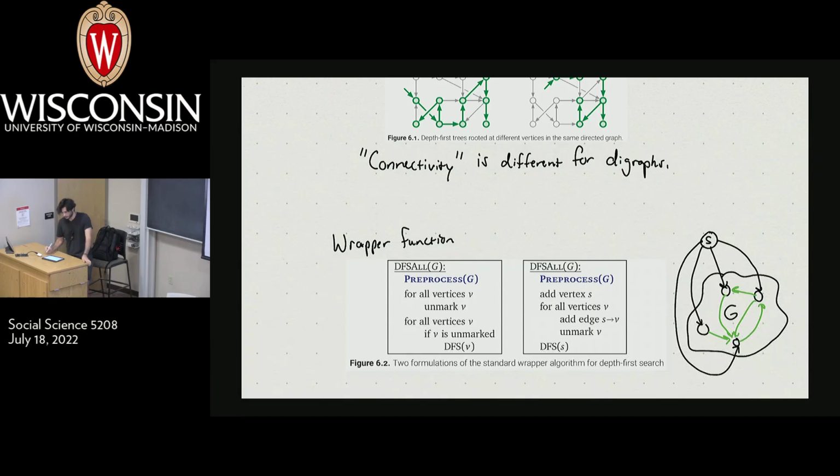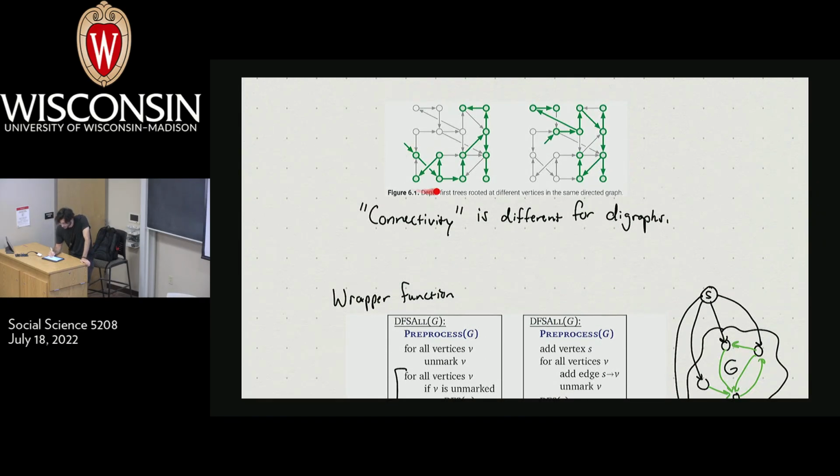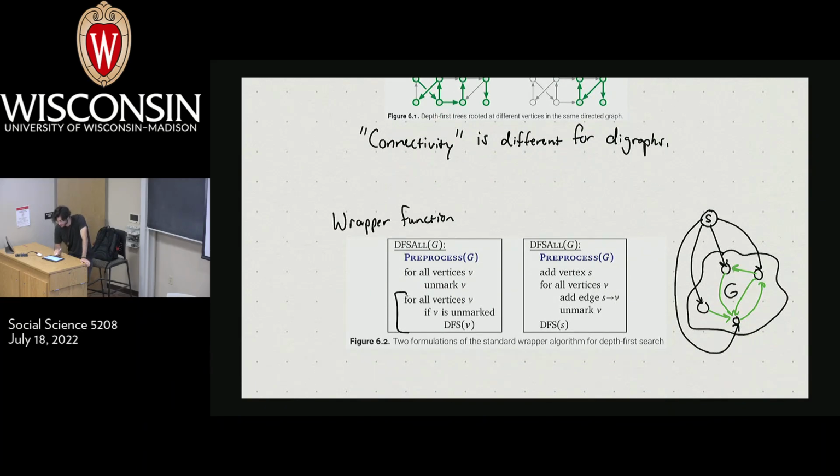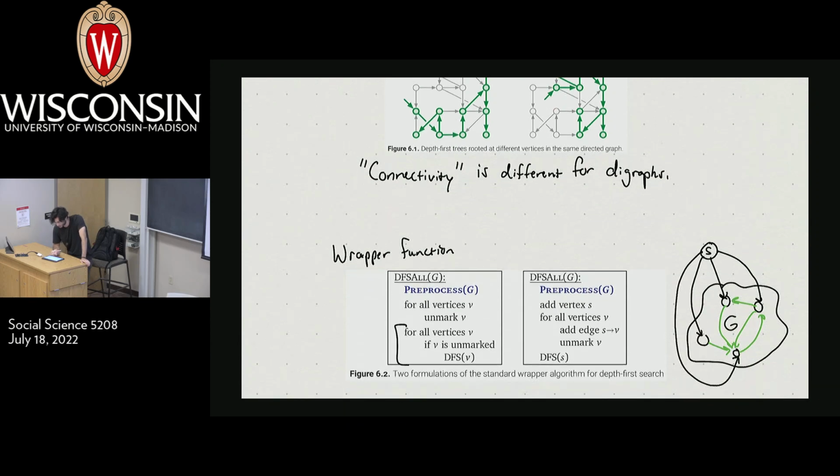And all we're doing is just calling DFS for every unmarked vertex. So we start, maybe we hit a bunch of nodes, like here, but some of them are missed. So then the loop is going to try all the other ones. It'll find this unmarked one, and then it'll do its DFS, and all those will get marked. So that's the thing on the left here, is just a loop.